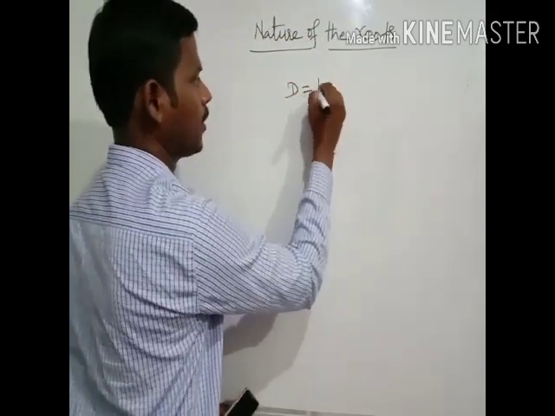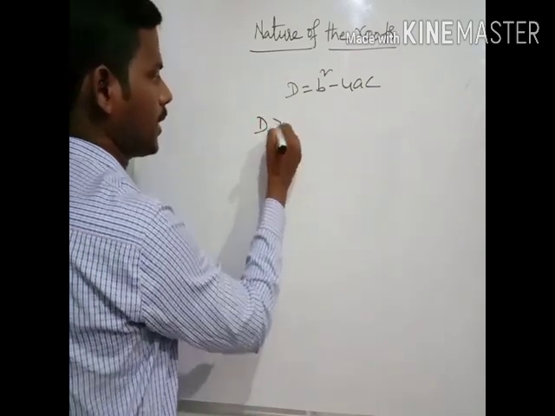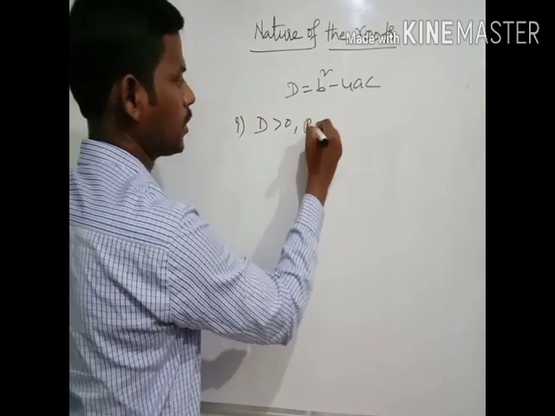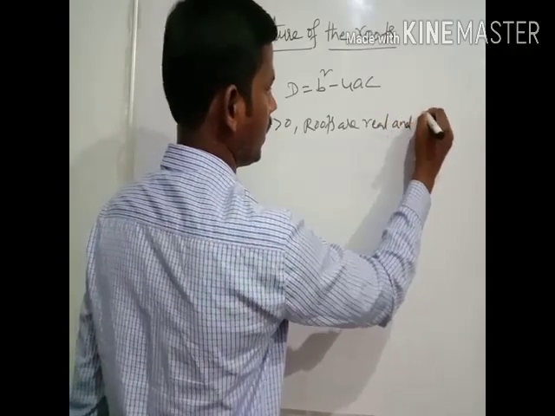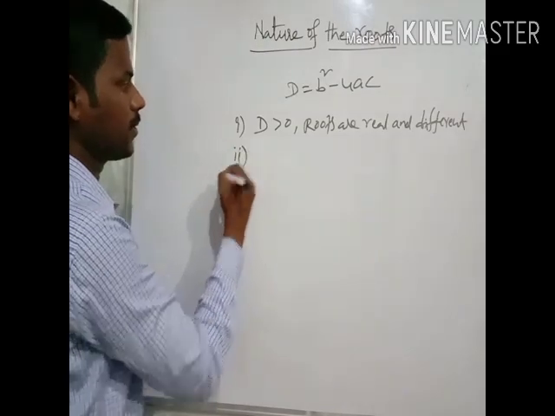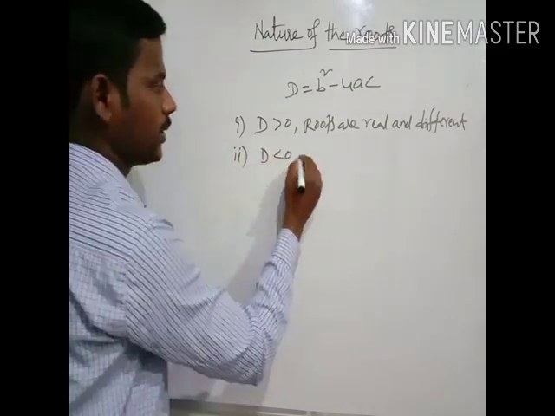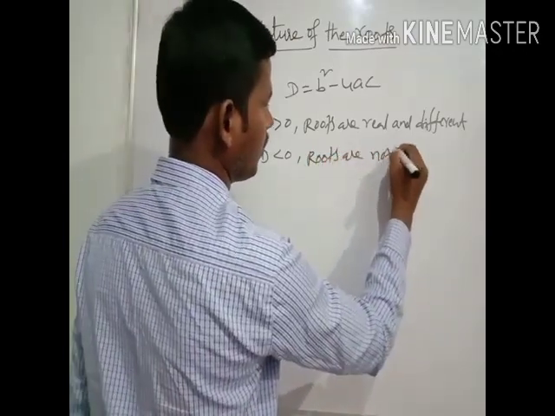So this is the way to find nature of the roots. Did you understand today's class, children? How to find nature of the roots? First of all, find the discriminant. What is the discriminant formula for a quadratic equation? D equal to b square minus 4ac. If discriminant is greater than 0, what happens? Roots are real and different. Okay, children. Second case, D value less than 0. The roots are not real.